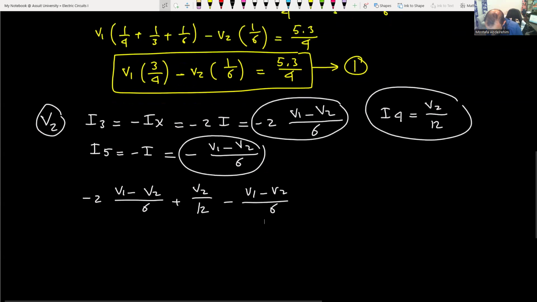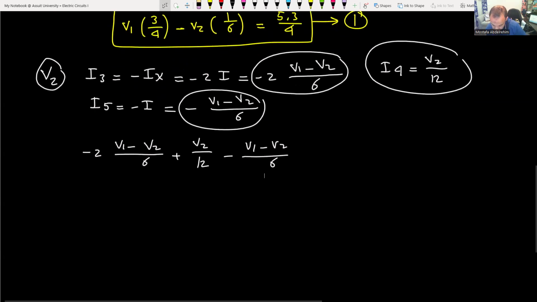This negative sign here will flip V1 and V2. So here, minus 2 times V1 minus V2 can be positive, this will be negative, this will be positive.